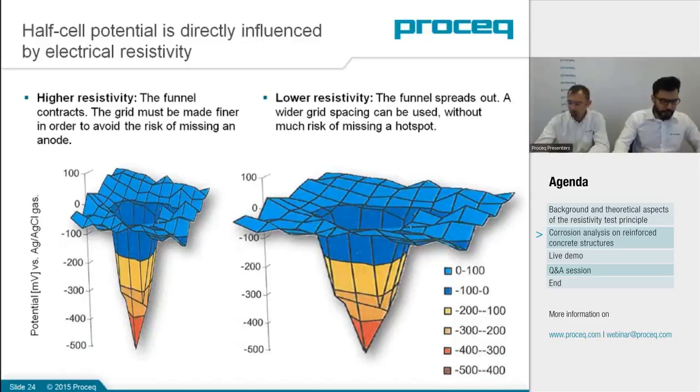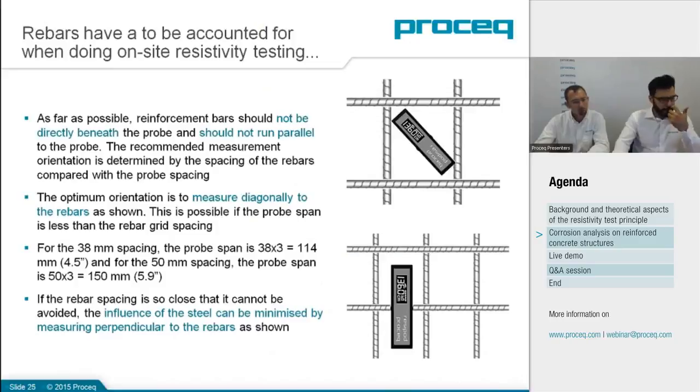Thanks for that, Guido. So moving on from there, as we are dealing with our high and low resistivity areas, one thing that we need to always consider, and we talked about effects of rebar and half cell. We specifically talked about effects of rebar in the previous presentation as well.